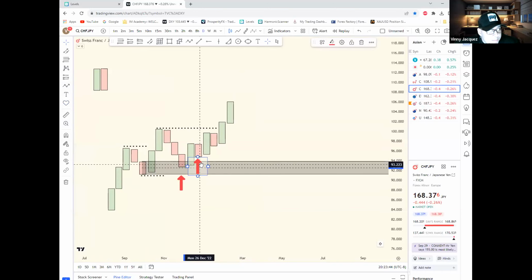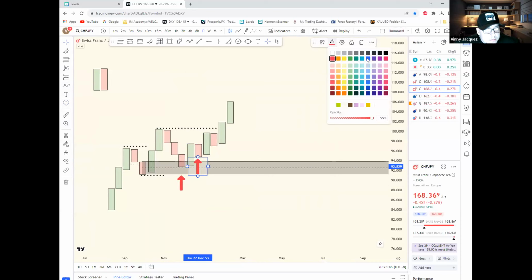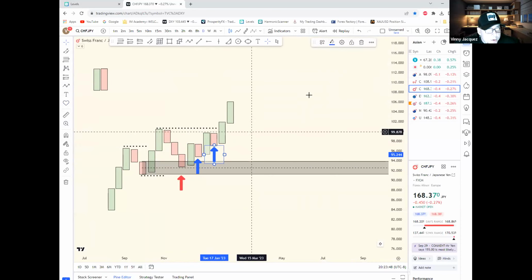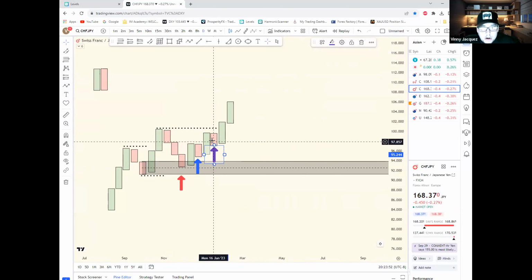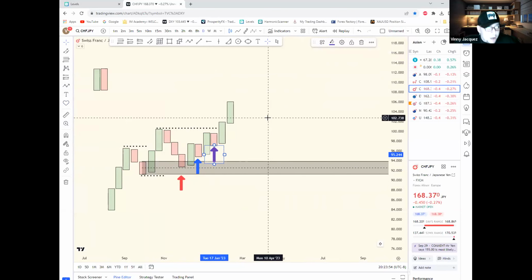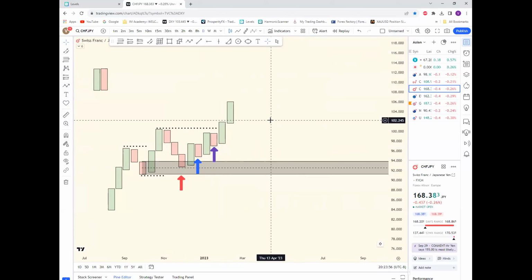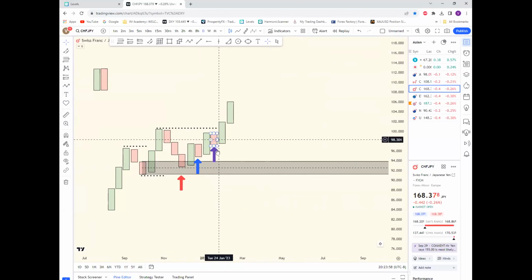The red one, the blue one, or the purple one? Which candle started our rally breakout? The purple. The purple one. Nice. Let's go.